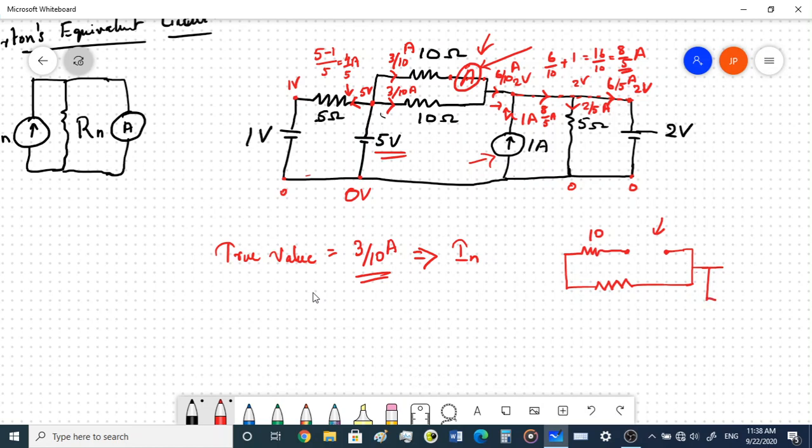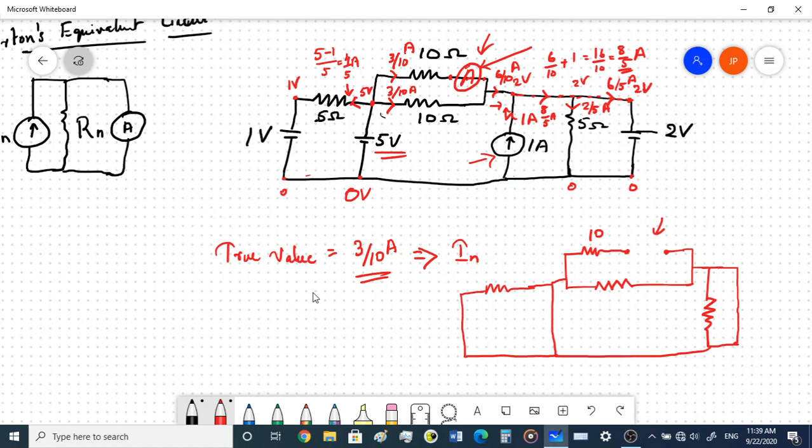So we have a 5 ohm resistance over here and a voltage source which is going to be shorted over here, and then we have another voltage source over here which should be shorted, right? And then we have another current source, another resistance with a voltage source again connected over here.